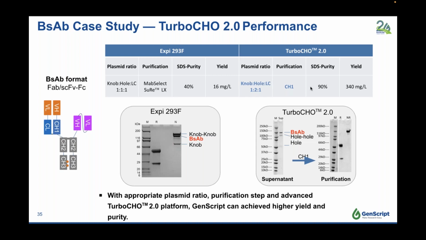Only the target bispecific antibody has that region. So we use the column that only binds CH1 to purify the target BsAb. Of course, you can also use copper as a special column for this step.